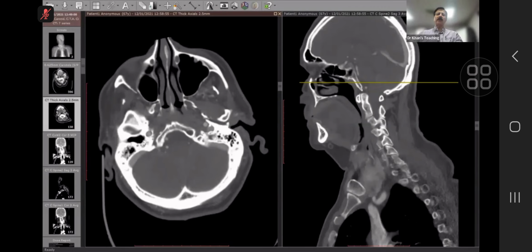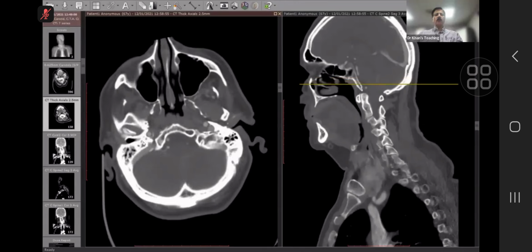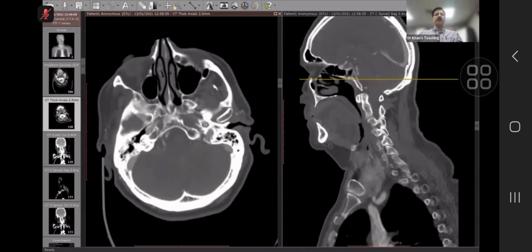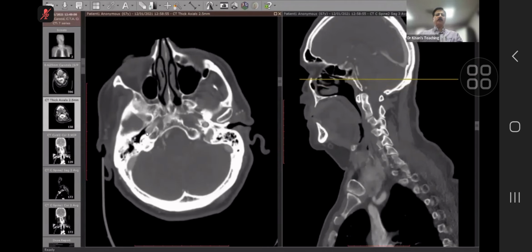We call it high riding dehiscent jugular foramen. But these are normal variants. Otherwise, normally, key point to remember, the jugular foramen will be the floor, and the carotid canal will be the anterior wall of the middle ear cavity.